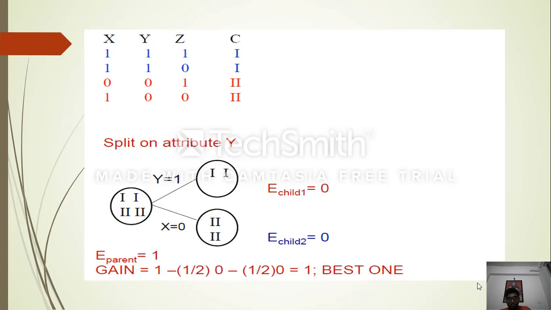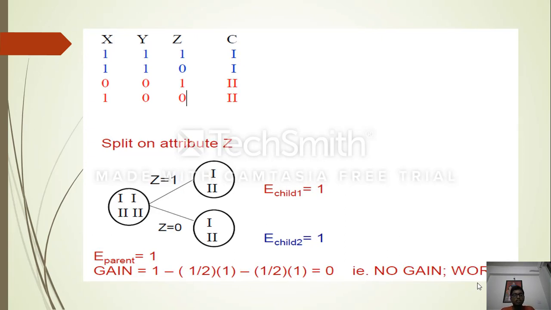And similarly when you calculate on z, again when z is equal to 1 and z is equal to 0. When z is equal to 1, the first data part contains one class 1 item and one class 2 item. Similarly when z is equal to 0, one class 1 item and one class 2 item. So according to this formula, the information of data part 1 is 1 and data part 2 is 1.